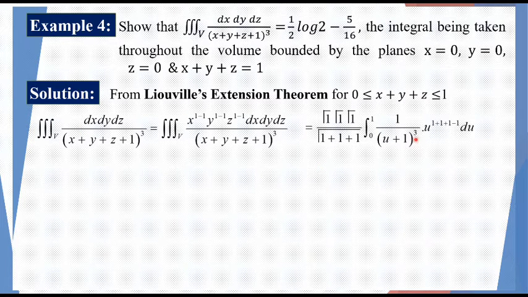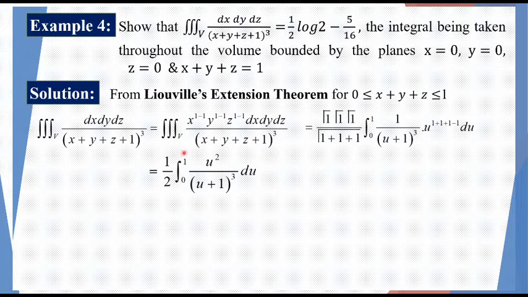So 1 upon (u plus 1) cube into u raised to power l plus m plus n minus 1, and the value of l, m, n is 1. So 1 plus 1 plus 1 minus 1, du. Gamma 1 will be 1 and this is gamma 3, and gamma 3 is 2 factorial, and 2 factorial is 2. So it is 1 by 2 integral 0 to 1, u square upon (u plus 1) cube du.